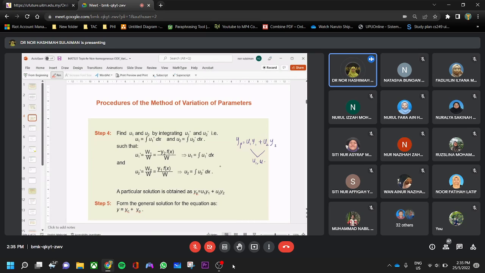So you have to perform this procedure, and then you can find U1 and U2. That means to get U1 and U2, you have to find the Wronskian, find the ratio of the Wronskians, perform the derivative, perform the integration and so on. Once you have U1 and U2, then you put them into the general form of YP.